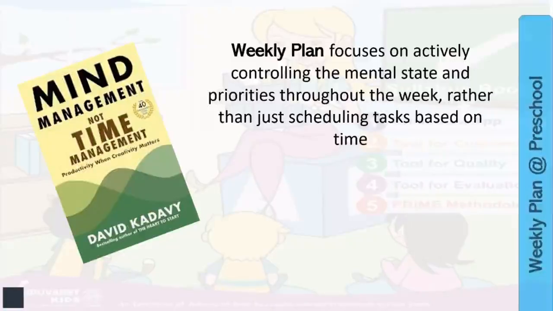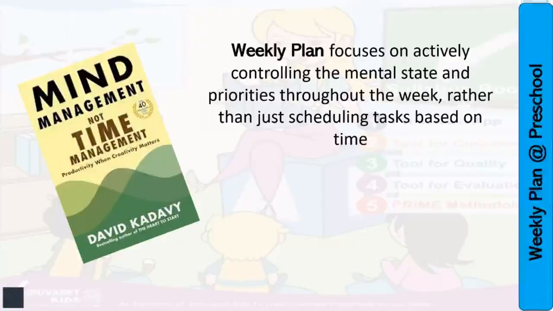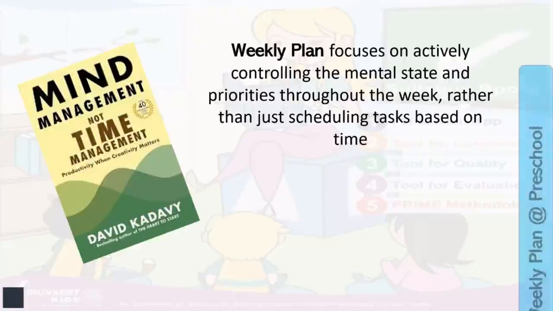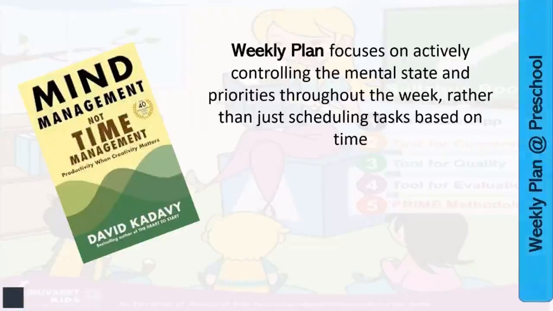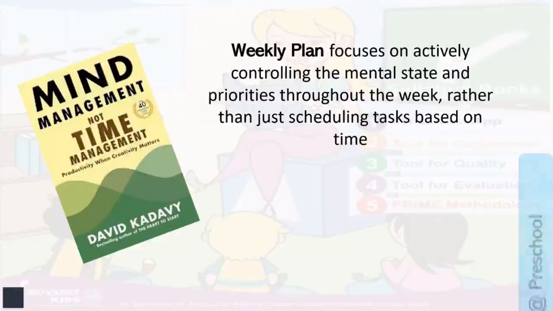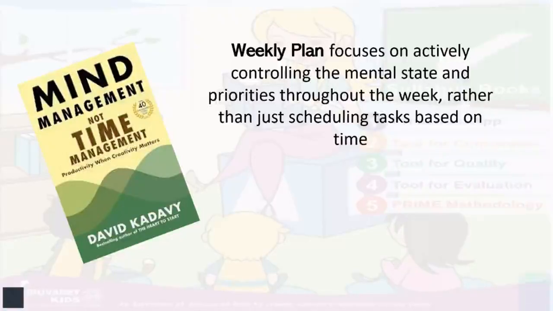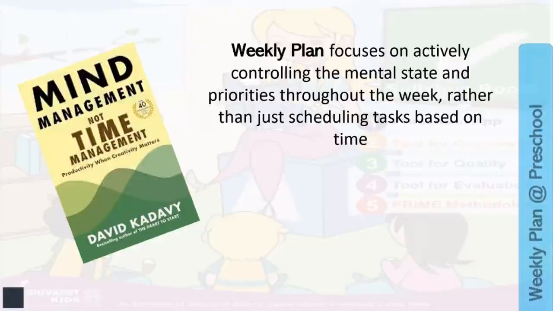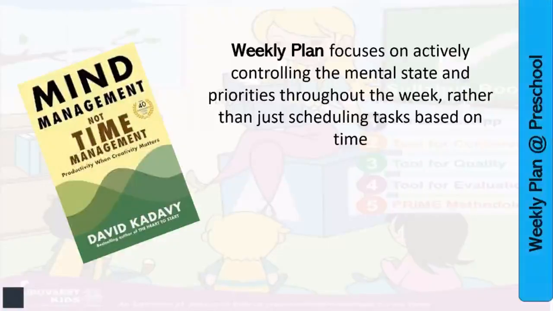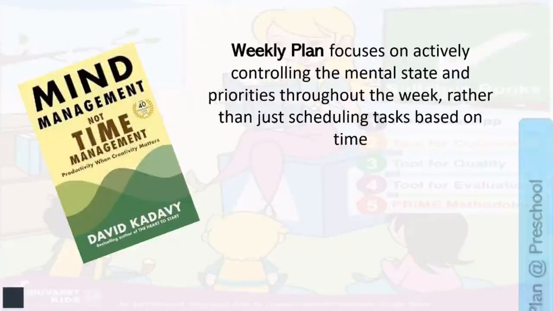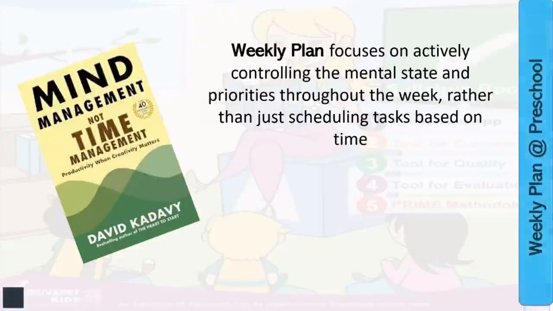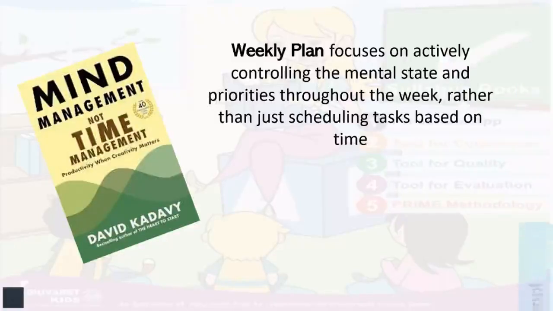In that, the chance of achieving a particular objective or outcome is very, very low. Whereas in the first option, we are focusing much more on the learning outcome. Therefore, weekly planning is much, much better than daily planning.